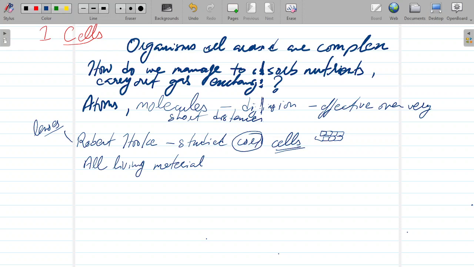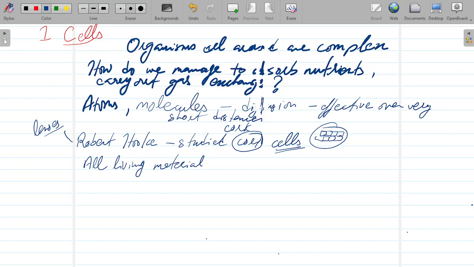So he was working with lenses and he studied this material, cork, C-O-R-K. And when he studied it under high-powered magnification lenses, he saw this structure.